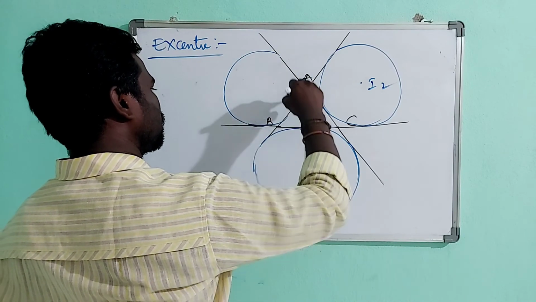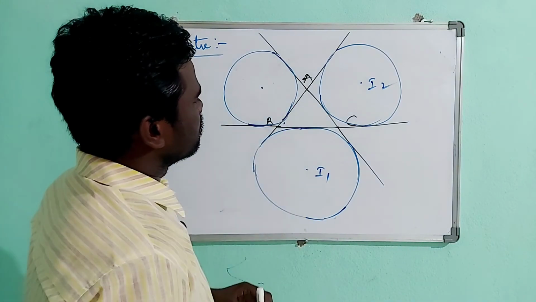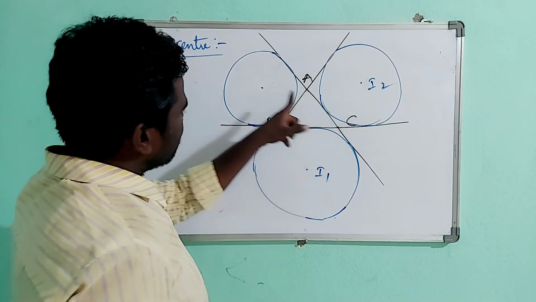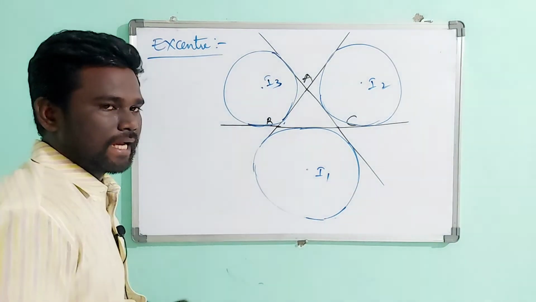The center opposite to the vertex C is I3, Excentre 3.